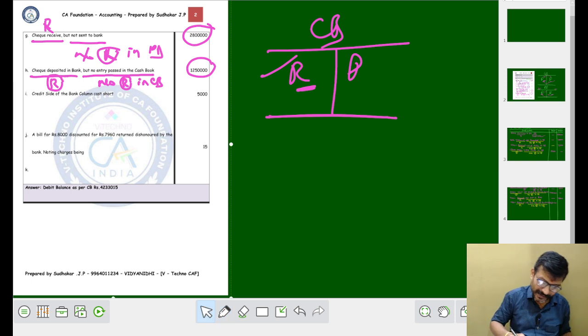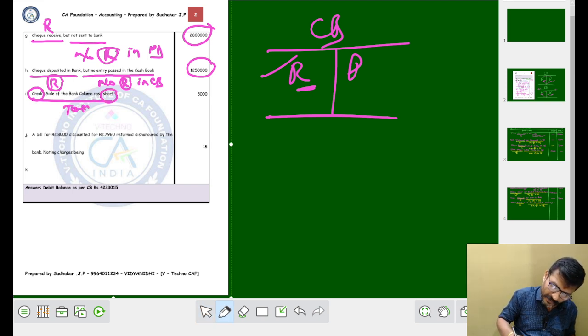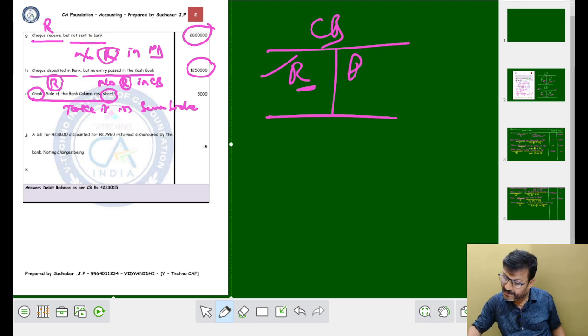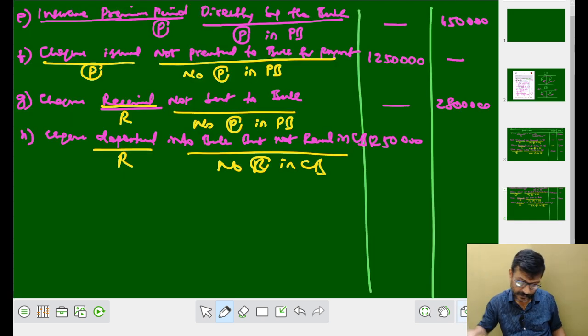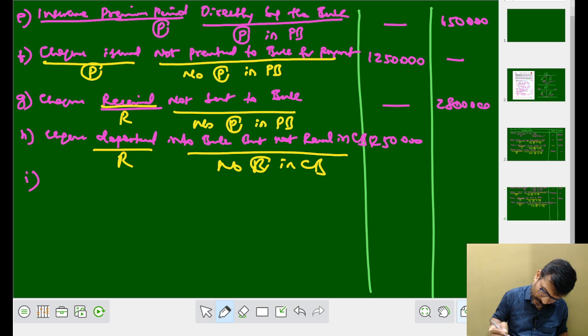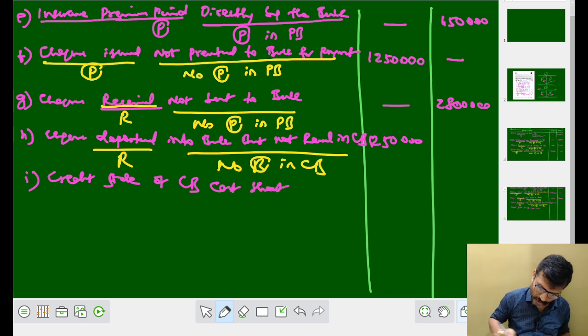Then next, credit side of the bank column cast short. What side? Credit side. What happened? Short. Short means what? Take it in which side? Same side. So now we can write point number I. Credit side of cash book, cash short.